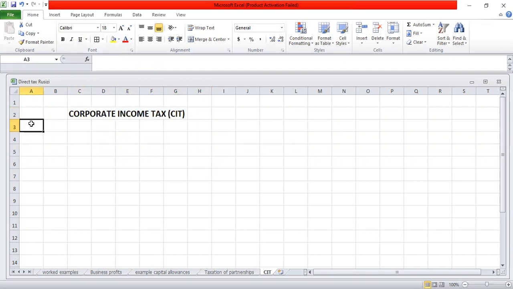Corporate income tax. So let's look at this very, very critical area in your exam, the corporate income tax.